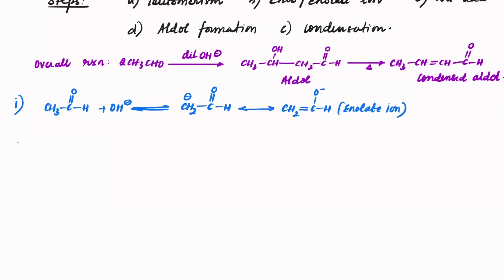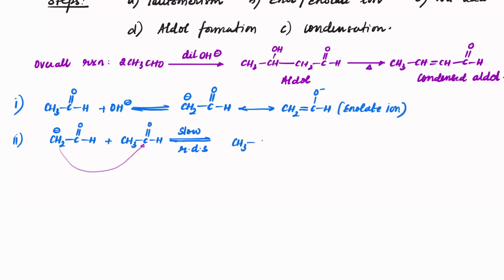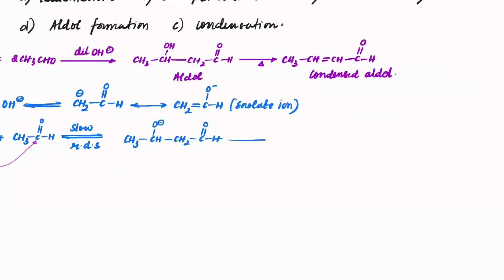Second step: you have CH2 minus C double bond OH plus CH3 C double bond OH. This is the slow step, or rate determining step, wherein this CH2 minus attacks the second mole. That way you get CH3 CO minus with H connected to CH2 C double bond OH.